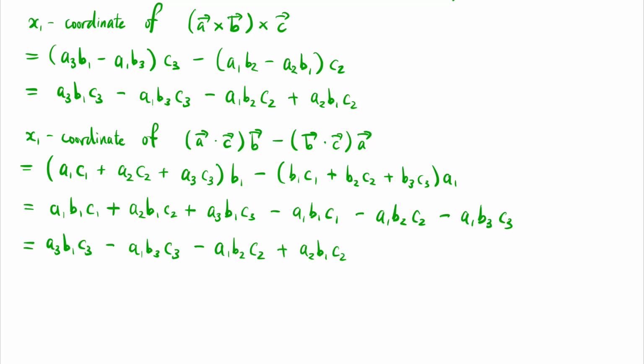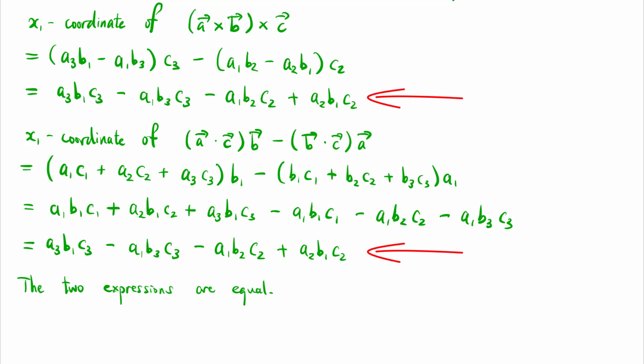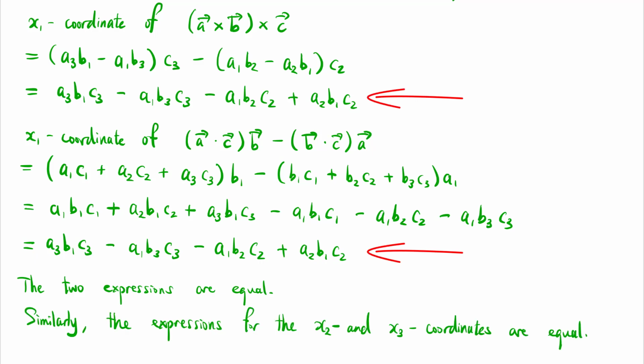This equals A3B1C3 minus A1B3C3 minus A1B2C2 plus A2B1C2. So the two expressions are equal. Similarly, the expressions for the x2 and x3 coordinates are equal, so the two vectors are equal.